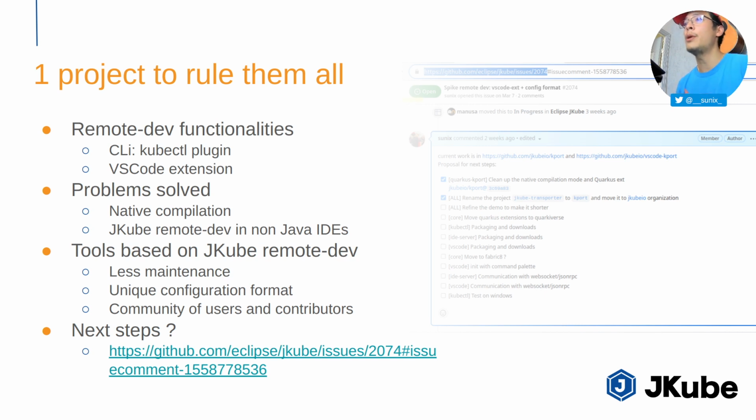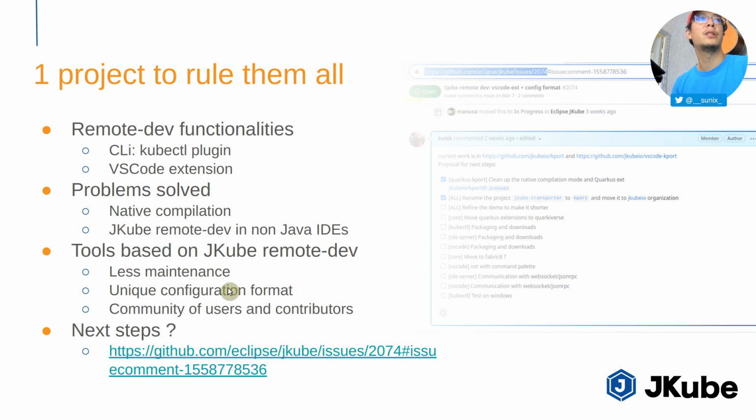It should help us focus our efforts in terms of maintenance and evolution, and it would also have a unique configuration format that would make adoption easier. It will also help to federate all the tools into a community of users and contributors.